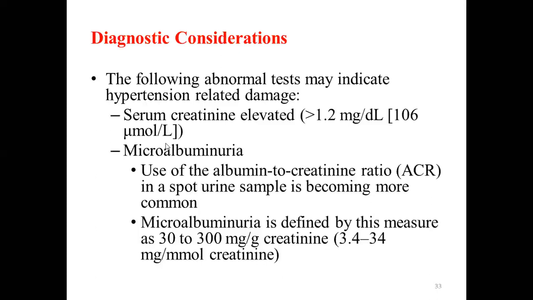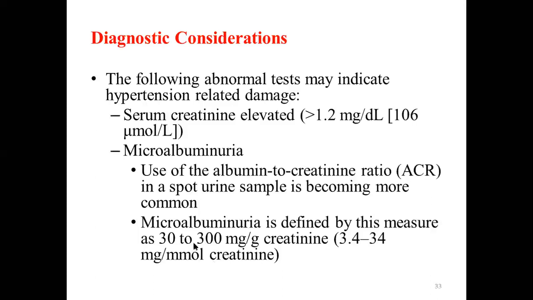So if there is damage in the glomerulus of the kidney, protein will leak and you will see protein in the urine. We call it microalbuminuria. Microalbuminuria is defined as a measure of 30 to 300 milligram per gram creatinine.